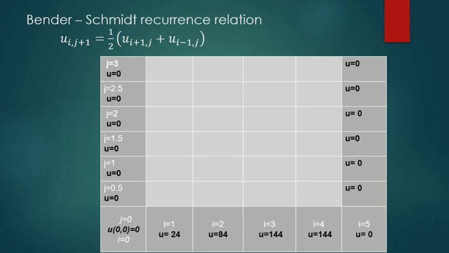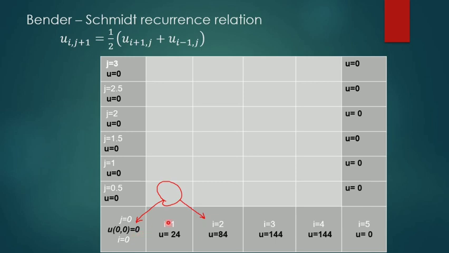To find the value here, you use the value of u at this point and at this point, and add them and divide by 2.